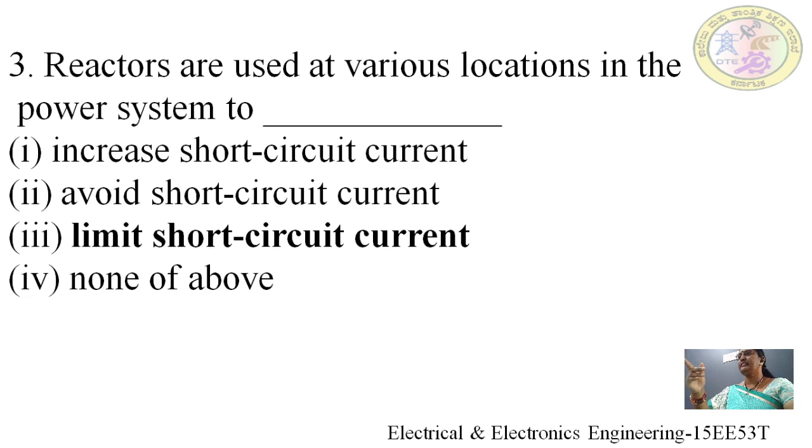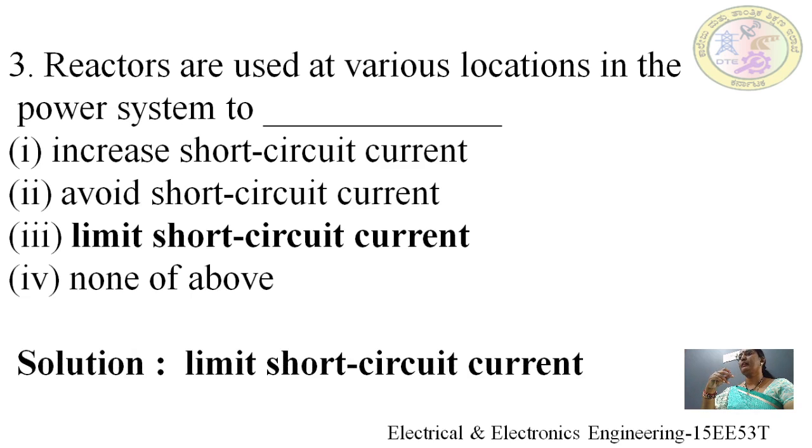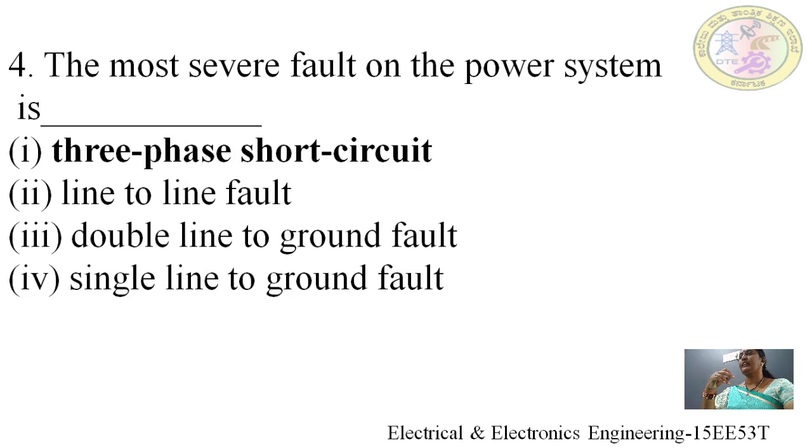Let us see the remaining answers: increase short circuit current, avoid short circuit current, limit short circuit current, none of the above. Among them, reactors are connected in series with a circuit to limit the short circuit current. That you should remember.